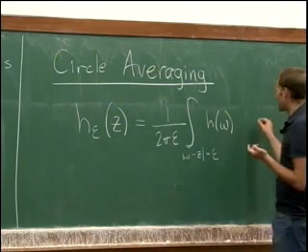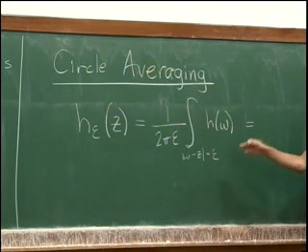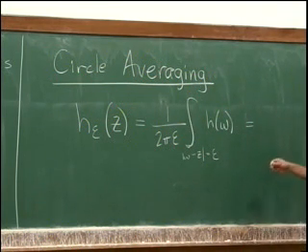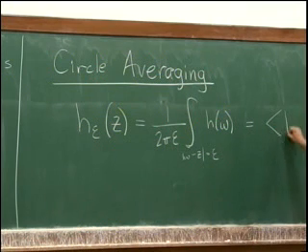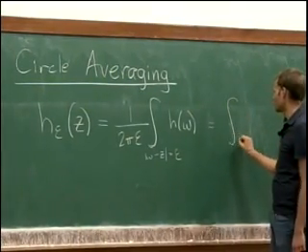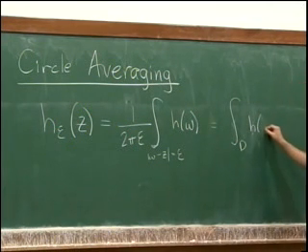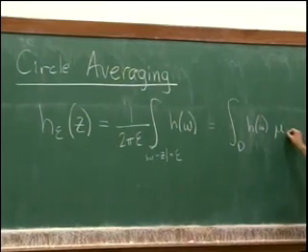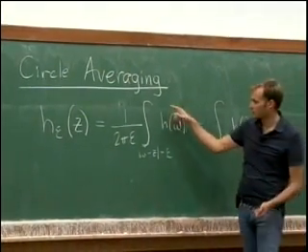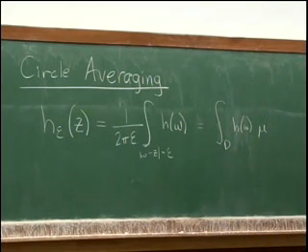Now, another way to write this, purely formal, this is what you want. Everything at the first little while here is going to be purely formal, okay? Then we'll come back and we'll make a proper definition at the end. Another way to write this is, well, let's write it like this maybe first. So this is the integral over the whole domain of, say, h of w, integrated against the uniform measure. So this is just you're integrating h against the uniform measure on the circle around z, right?